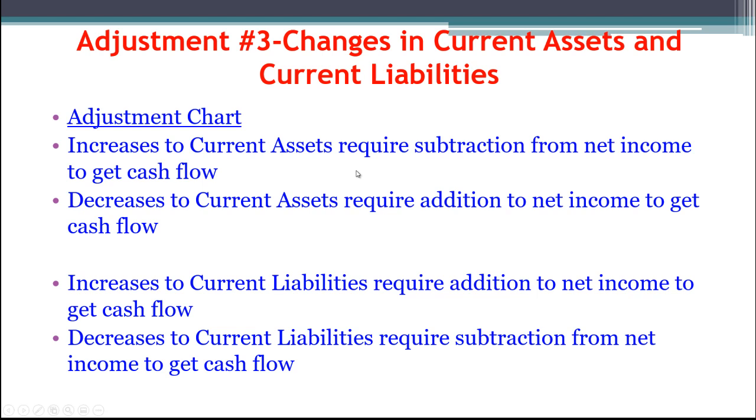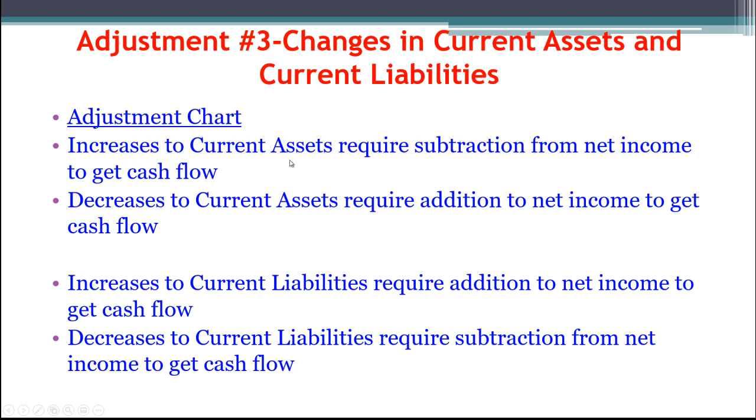So the little chart here, it's not really a chart, it's just a few bullet points, but there are four different things. Again, we have current assets and current liabilities. So was there an increase or a decrease to each of those items? So you go down your balance sheet and you take a look at all the current assets and current liabilities and determine whether there was an increase or decrease.